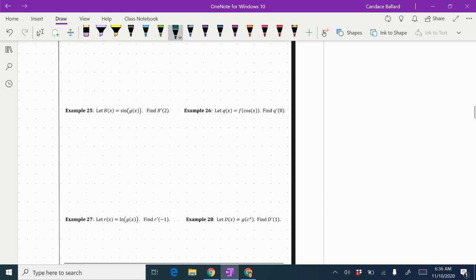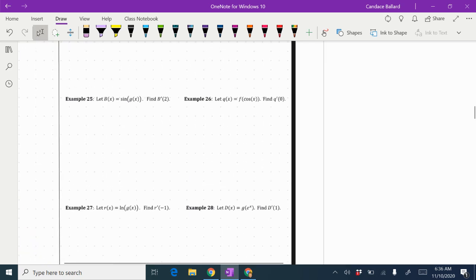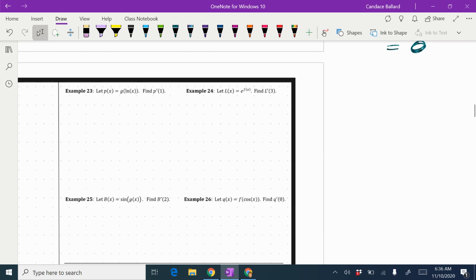We have a couple more. We've got lots of graphical stems, so I'm going to keep going. I'm going to do one more here in this video. So let's look at our inner function u. So u equals the natural log of x. So u prime equals 1 over x.